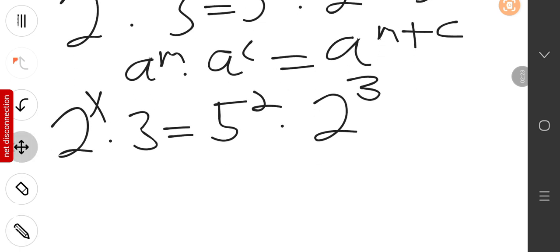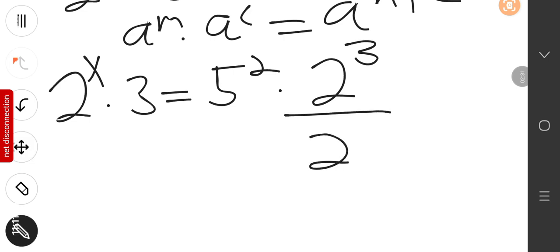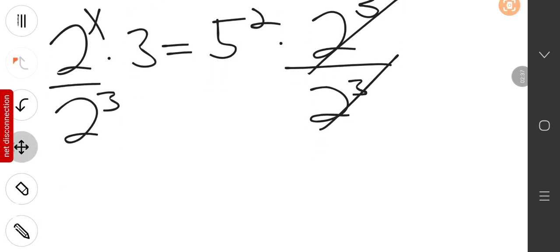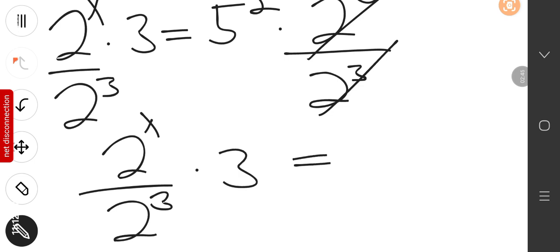Now let's apply the quotient rule here. Before we apply it, let's divide here by 2 exponent 3 and here by 2 exponent 3, so this and this will cancel. So we are left with 2 exponent x over 2 exponent 3 times 3 equals 5 exponent 2.